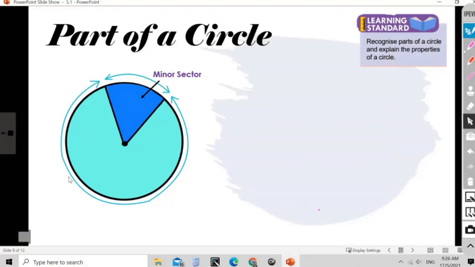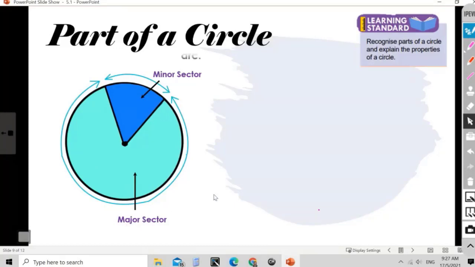Same thing, the other way around: the bigger part is the major sector. Just now only the line outside was called the arc. But the whole piece, the small piece, we call the minor sector, and the bigger piece or the remaining cake, we call the major sector.